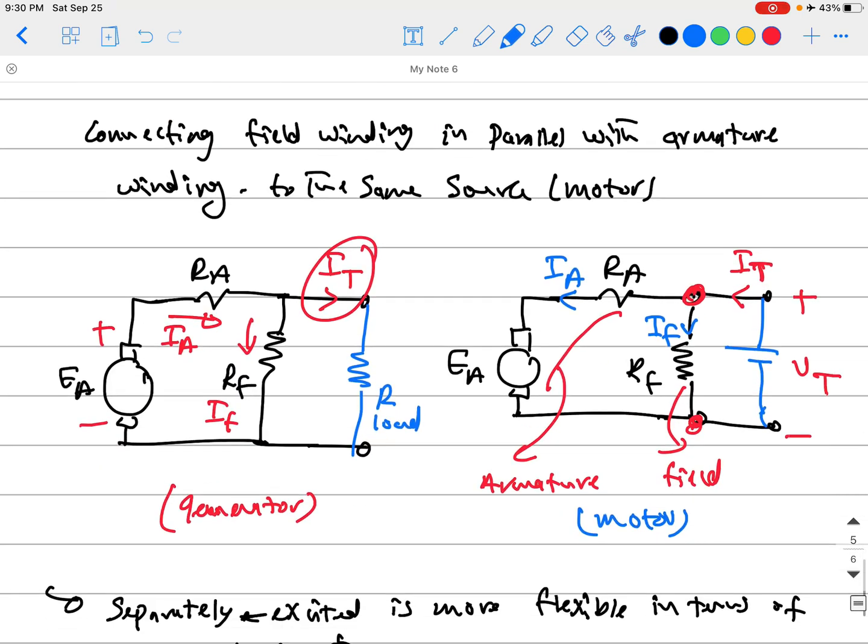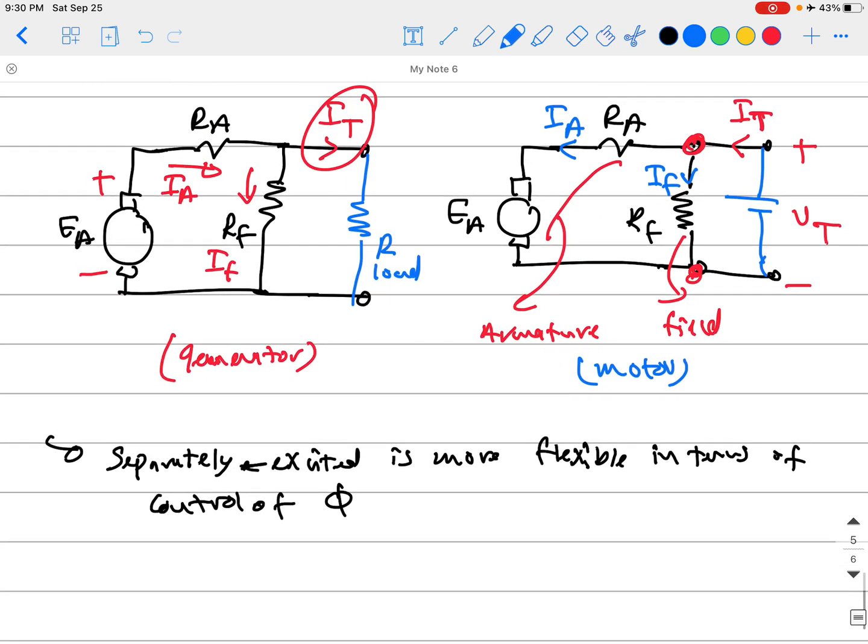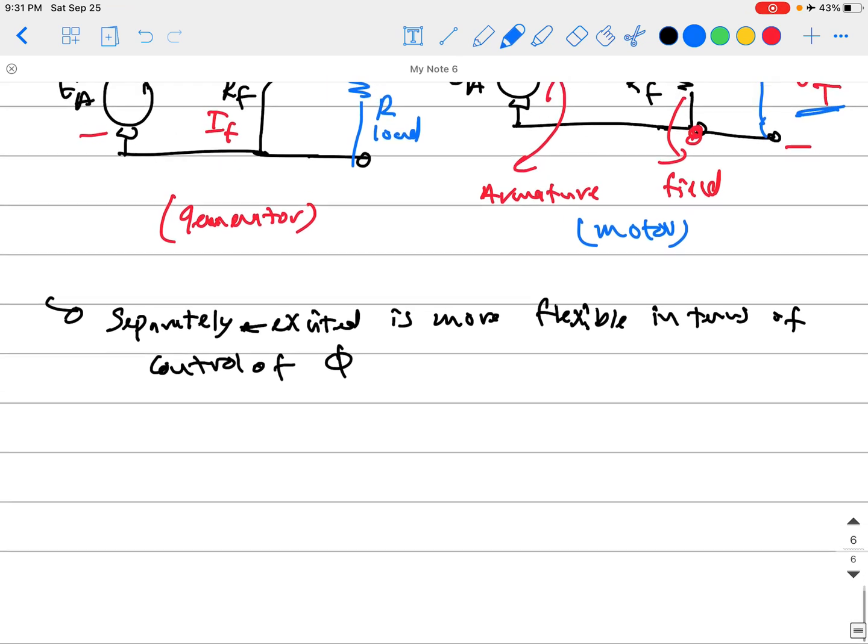But here, we cannot play with the terminal voltage, because the terminal voltage is not just applied to the field winding, it applies to both the field winding and the armature winding. So it's not flexible, because if we don't need to change the voltage of the armature, but we need to change the voltage of the field, we cannot do this here, because both of them are connected in parallel to the same source. Yeah? So what to do?